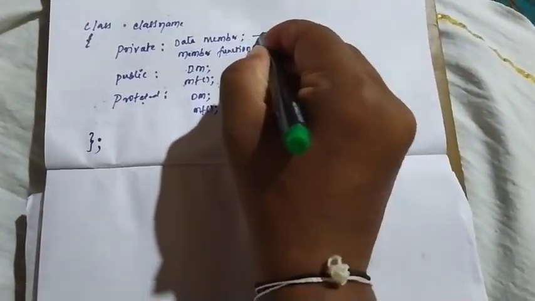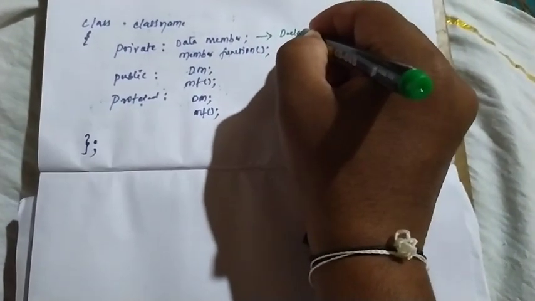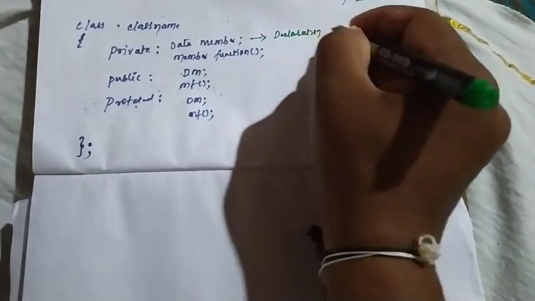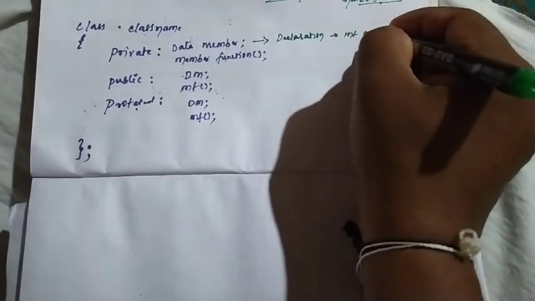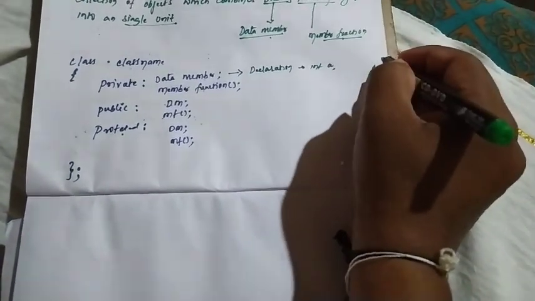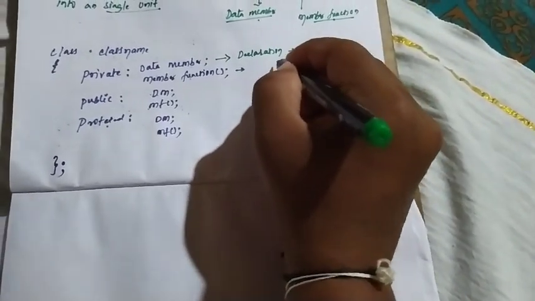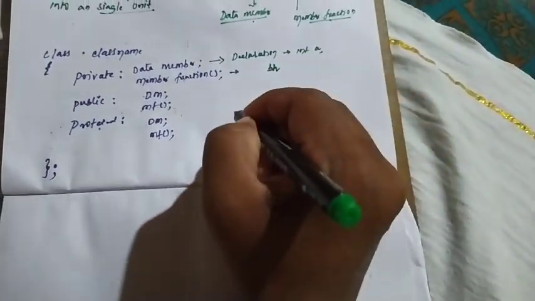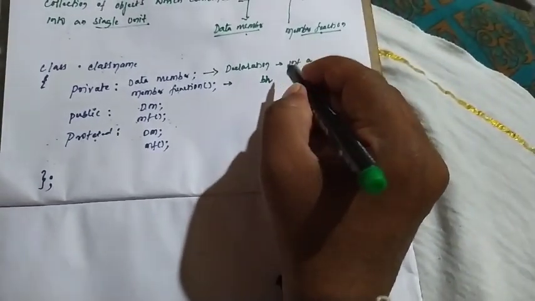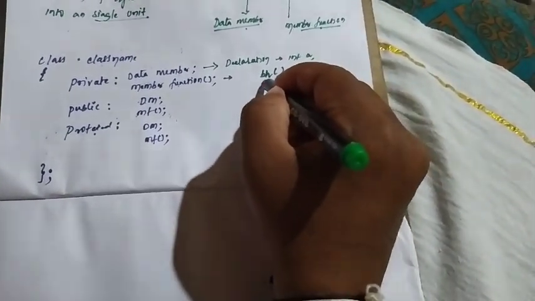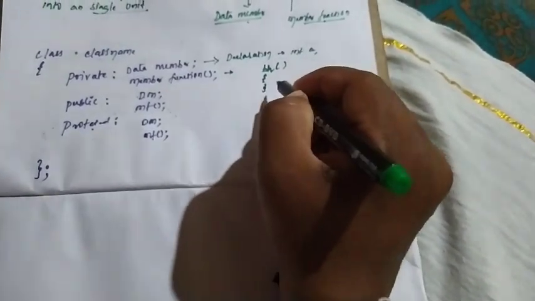Data member means declaration part, like int a, float a, and so on. Member function means any name followed by parenthesis with flower brackets.